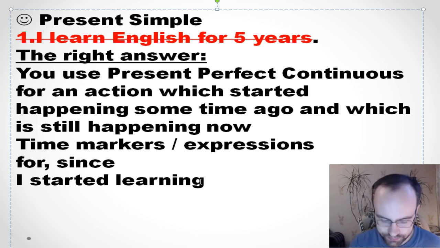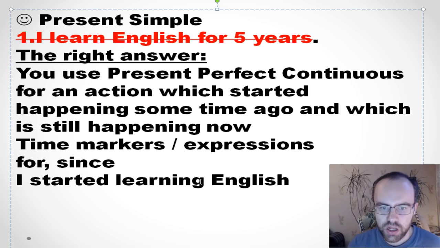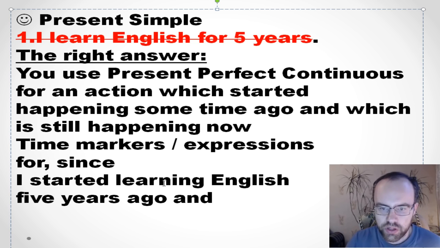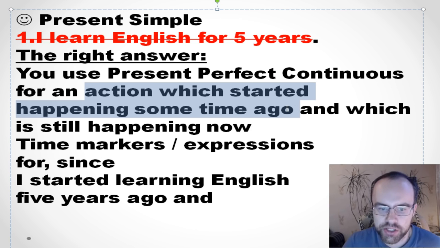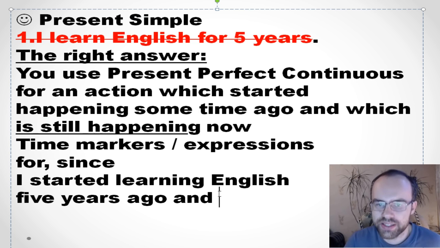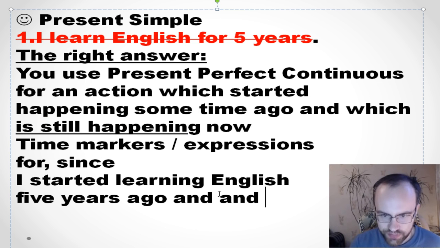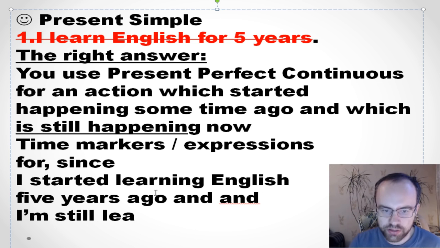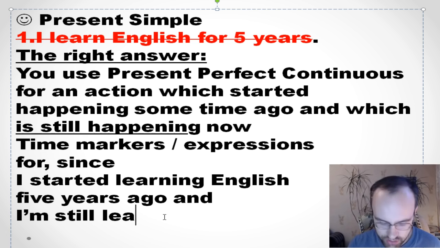I started learning English 5 years ago. And you see, for an action which started happening some time ago, and which is still happening now. I'm still learning English, okay?